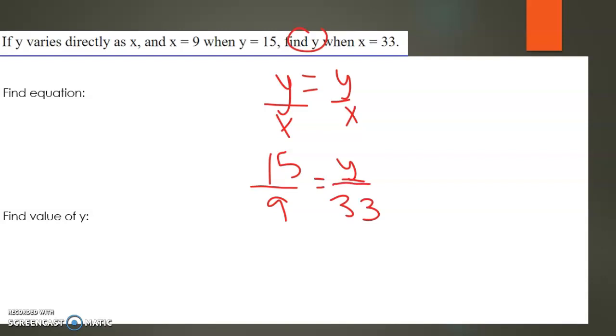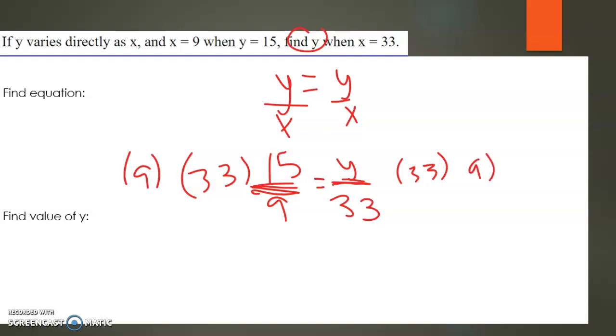Since this is a divide sign, I'm going to multiply both sides by 33. And then because this is a divide sign, I'm going to multiply both sides by 9. When I do that, that 9 and that 9 factor out, that 9 and that 9 factor out.